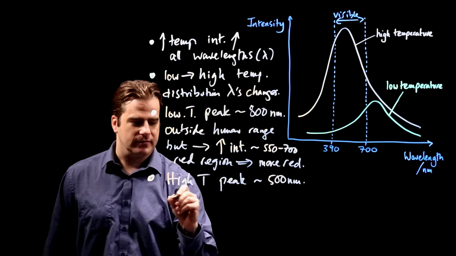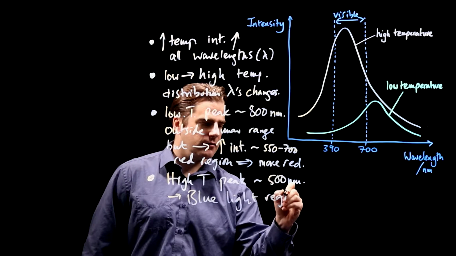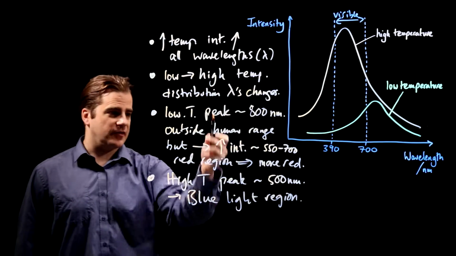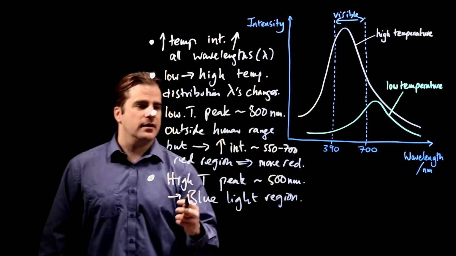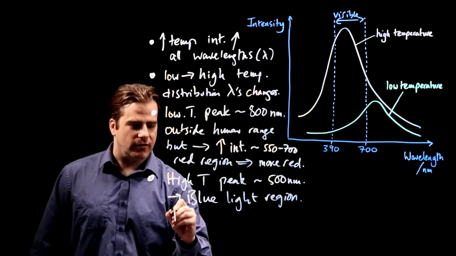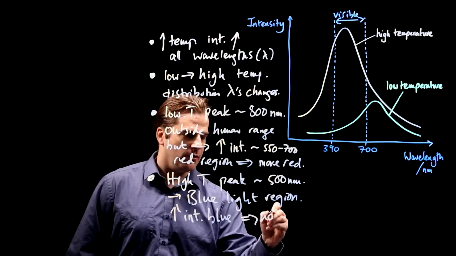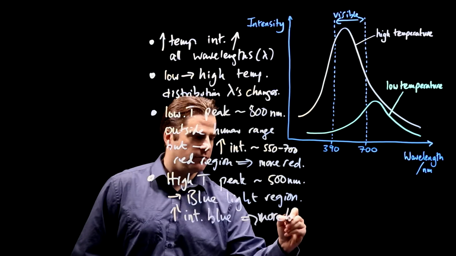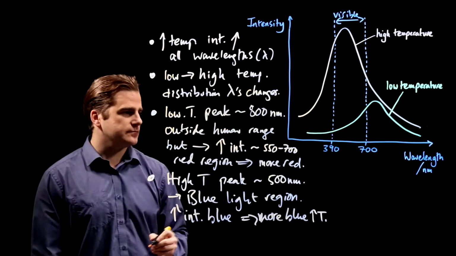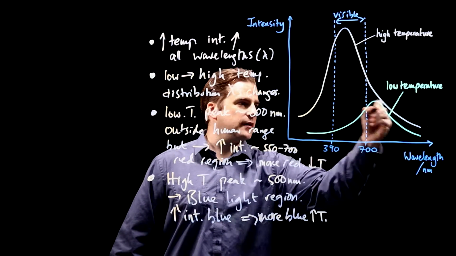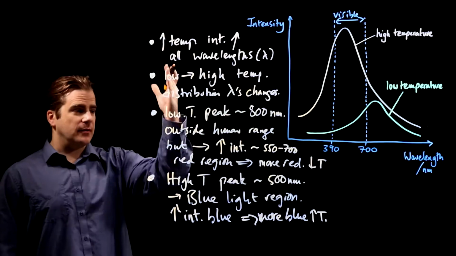So this is the blue light region. We're just repeating exactly what we said here, same reasoning, but just for blue light. So greatest intensity in the blue region, therefore it appears more blue at higher temperature. More red at lower temperature, more blue at higher temperature, more blue or less red. And that's it. That will get you the 4 marks.